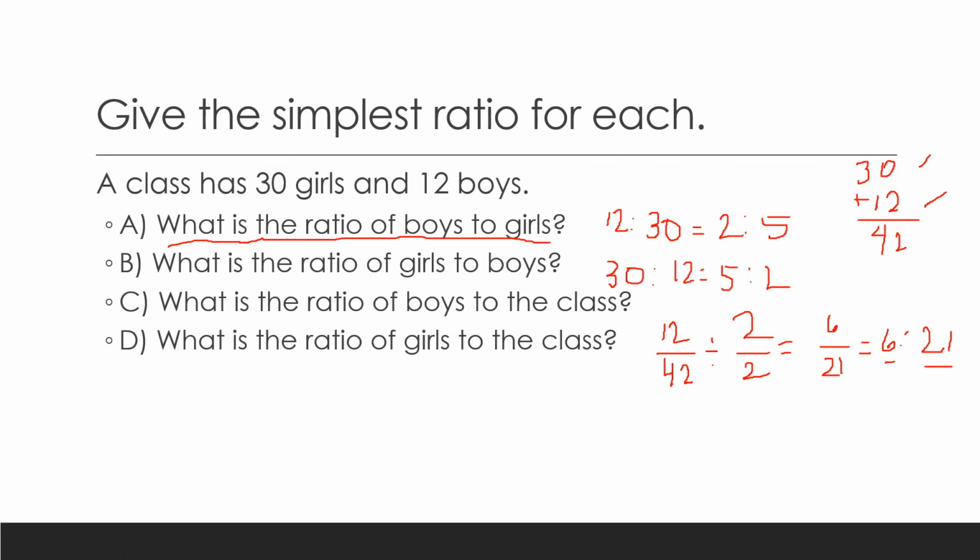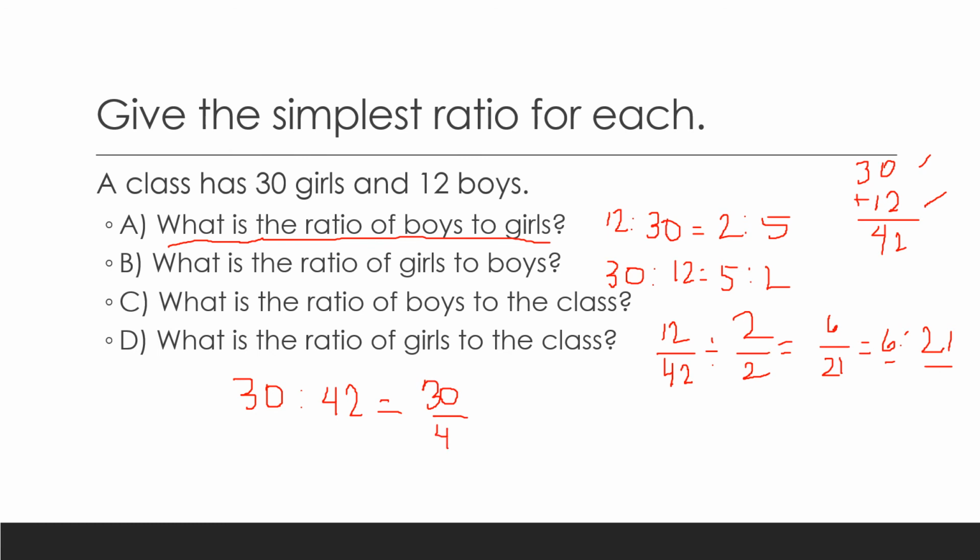Next, letter D. What is the ratio of the girls to the class? So, remember, there are 30 girls and there are 42 students in the class. So, we divide both sides by what? 30 over 42. Okay, so we can use again the fraction.